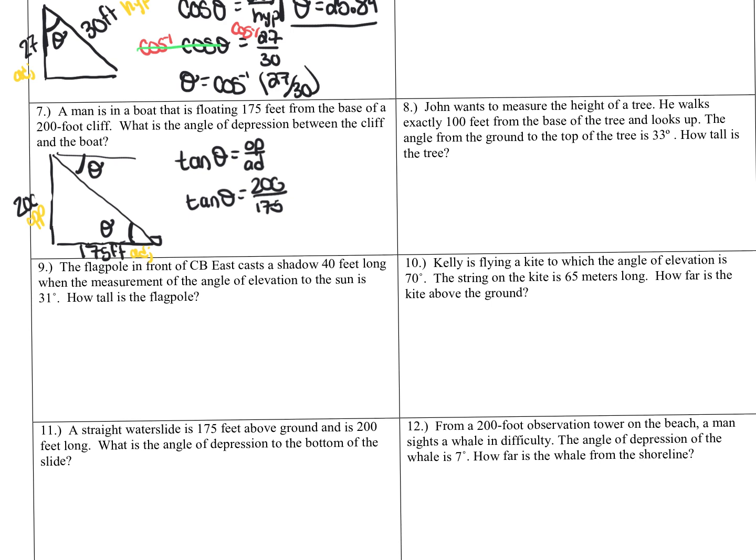To get to that theta, I have to arc tan both sides. These cancel off. So we're left with theta equals arc tan of 200 over 175. And you're going to plug that in the calculator. Make sure you are in degrees so that it doesn't come out with a funny answer. You want a degree answer. Then you get 48.81 degrees.